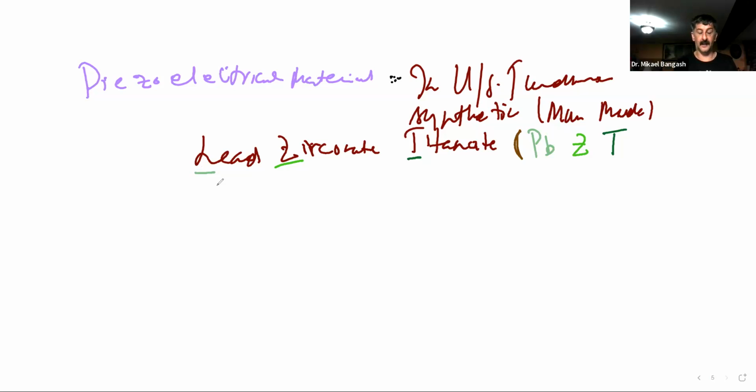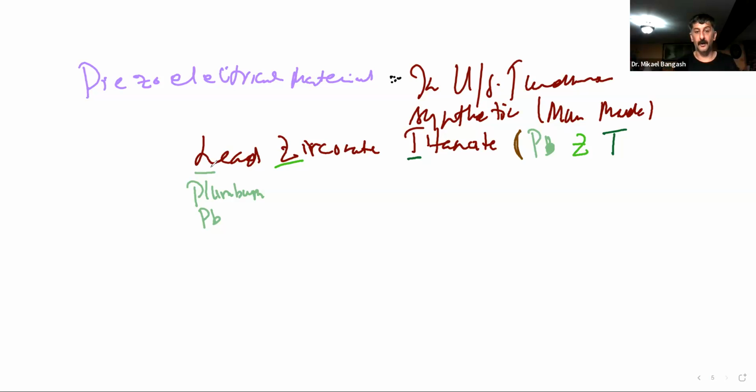We call it lead, but the chemical name for lead is actually plumbum. We just omitted the B, because the actual symbol for plumbum would be PB, just like the chemical name for sodium was natrium, and for potassium, it was kalium.